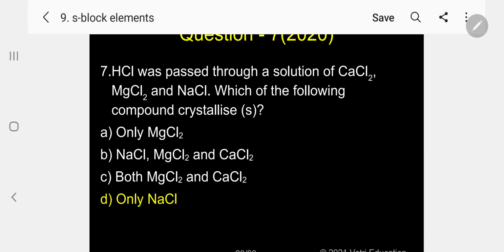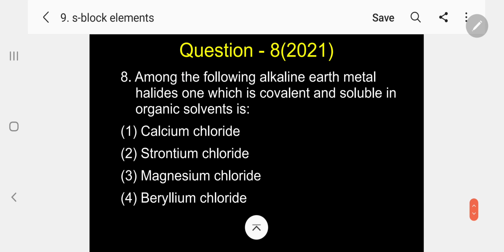Please follow. Question number 8, asked in 2021. Among the alkaline earth metal halides, which one is covalent and soluble in organic solvent?